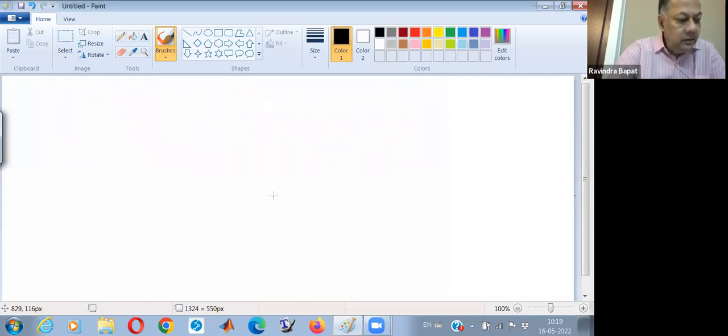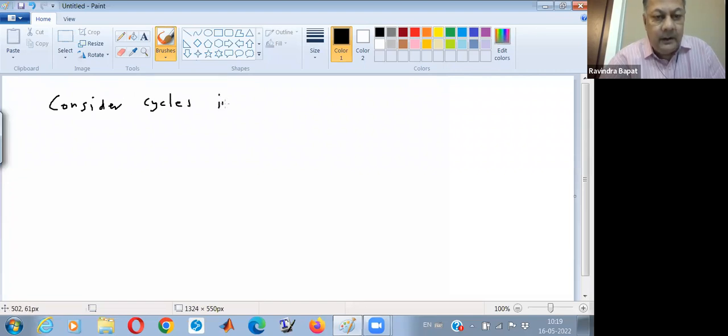Okay. So the next definition is a very graph theoretic definition. Consider cycles or circuits in the graph associated with A. So A is an irreducible matrix.